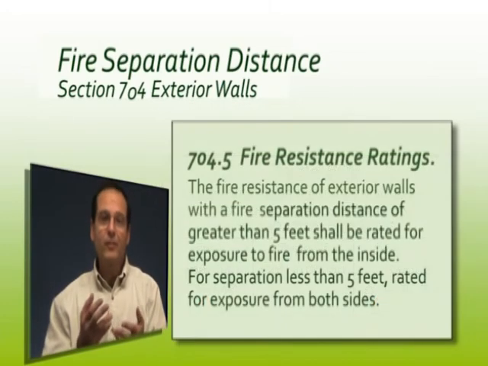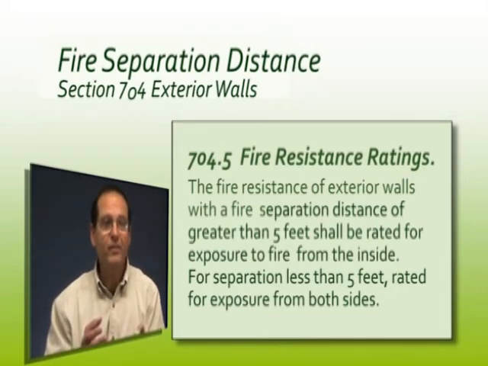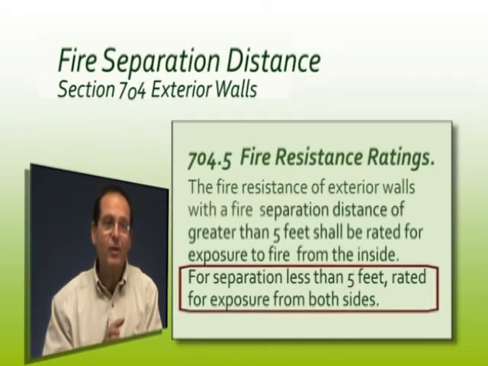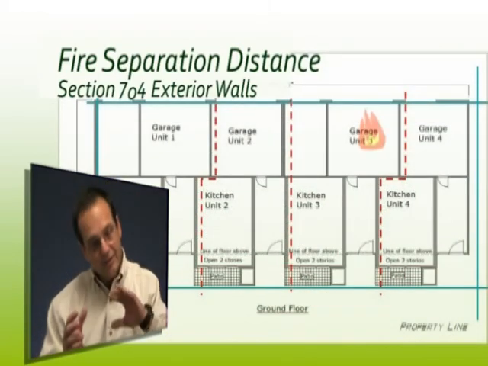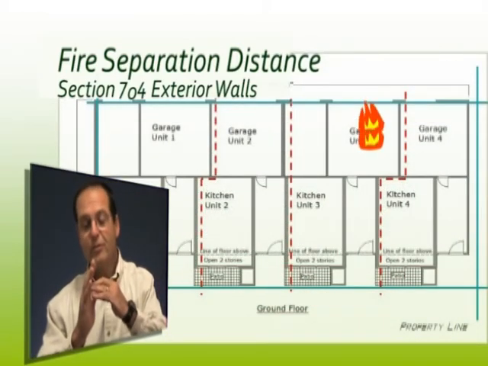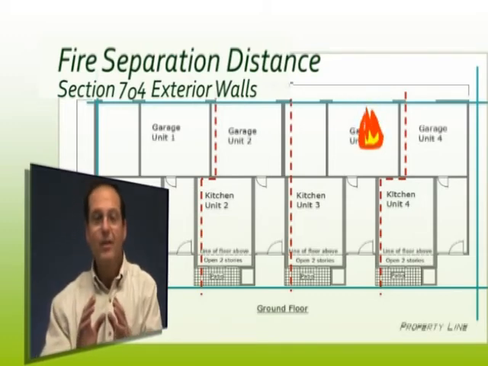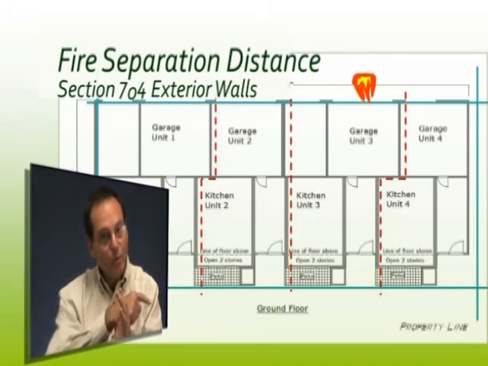Now, there's a piece underneath of this that I've put in here for you to look at, which says that as soon as you're under 5 feet, now you have to have fire separation from 2 sides. Okay, so here's what we're trying to resolve here. There's either going to be a fire in the structure that we don't want to get through to an outside building, that's one way, or it could be from an outside building into the structure, that's another way.